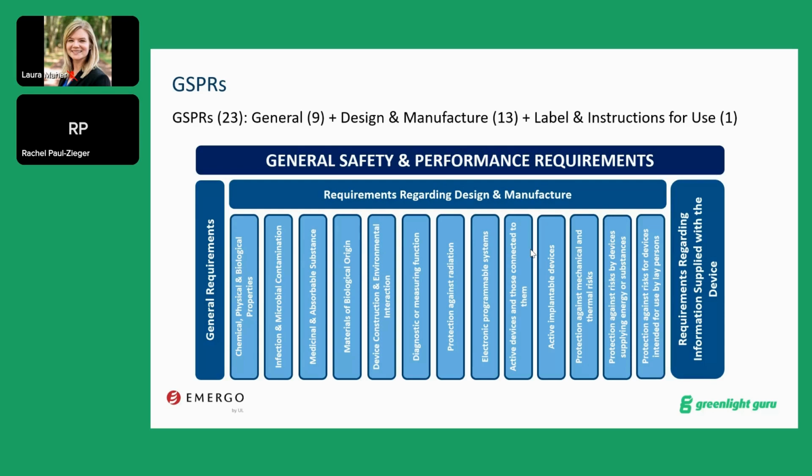So you have requirements about chemical, physical, and biological properties, infection and microbial contamination, medicinal and absorbable substance, materials of biological origin, device construction and environmental interaction, diagnostic or measuring function, protection against radiation, electronic programming systems, active device and those connected to them, active implantable device, protection against mechanical and thermal risk, protection against risk by device supplying energy or substance, and protection against risk for device intended for use by layperson.